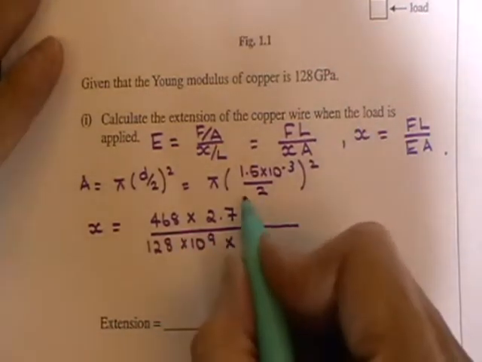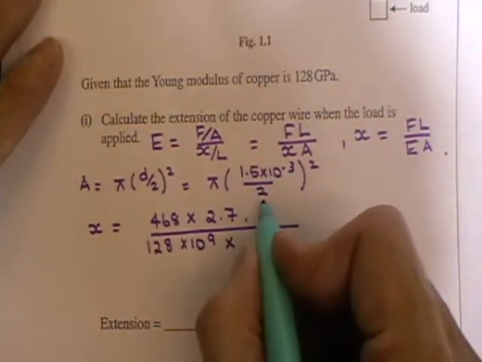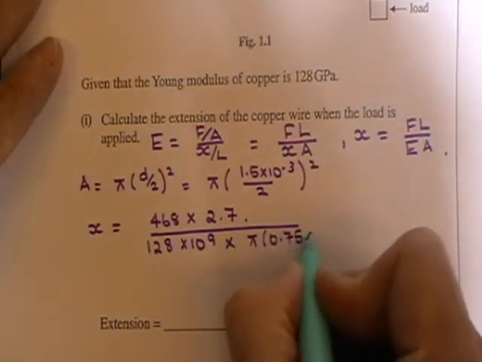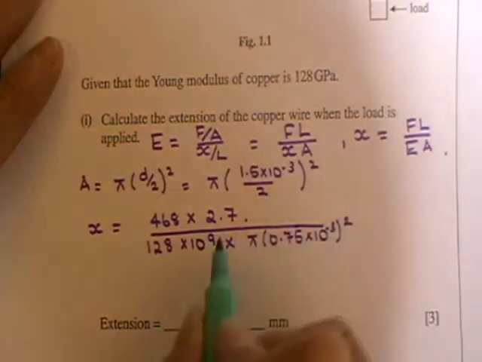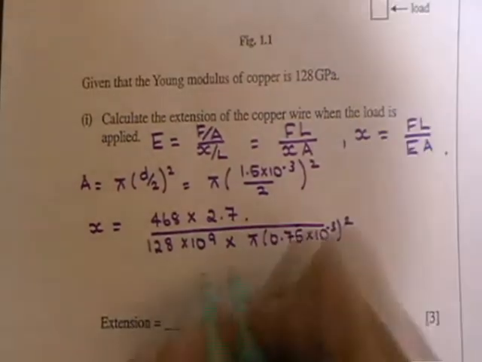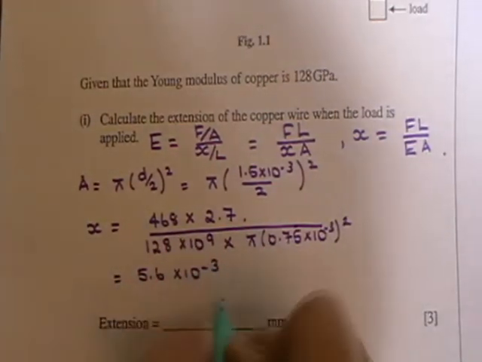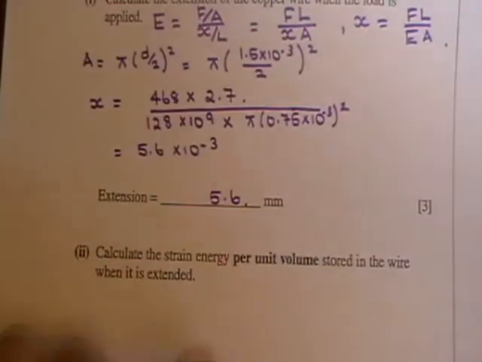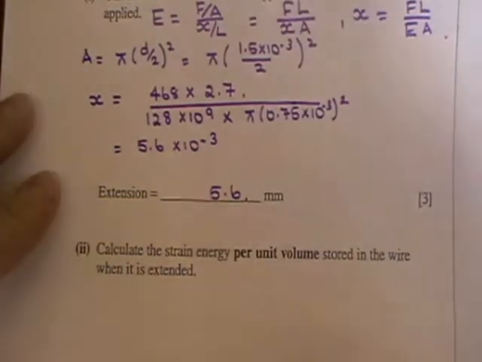And then the area is pi times 1.5 by 10 to the minus 3 over 2, so it's pi times 0.75 by 10 to the minus 3 squared. And whenever you do that, you get 5.6 by 10 to the minus 3, or 5.6 millimetres, and your answer's in millimetres. So be careful about things like that, where they give you a different unit and you have to convert your answer.